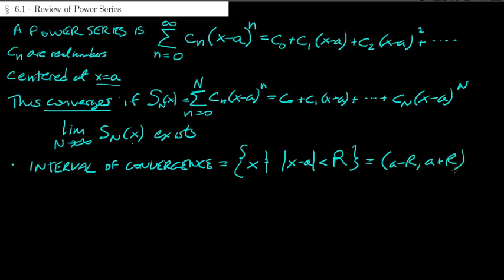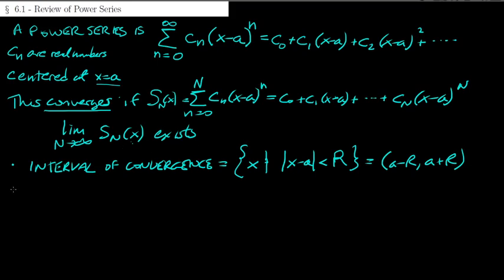It could be a closed interval, an open interval, or half open, half closed. For now, we're just going to use the open interval, and then you may remember you have to check whether you can include the A minus R or the A plus R, but here they're not going to be included, at least for the time being.